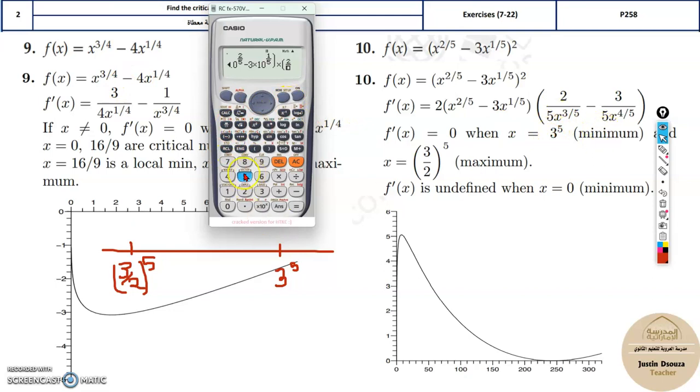It's the same thing. 5 into x, considered to be 10 for now, the test value, to the power 3 by 5. And then minus 3 divided by 5 x, sorry, x is 10, to the power, no, sorry, 10 to the power 4 by 5.